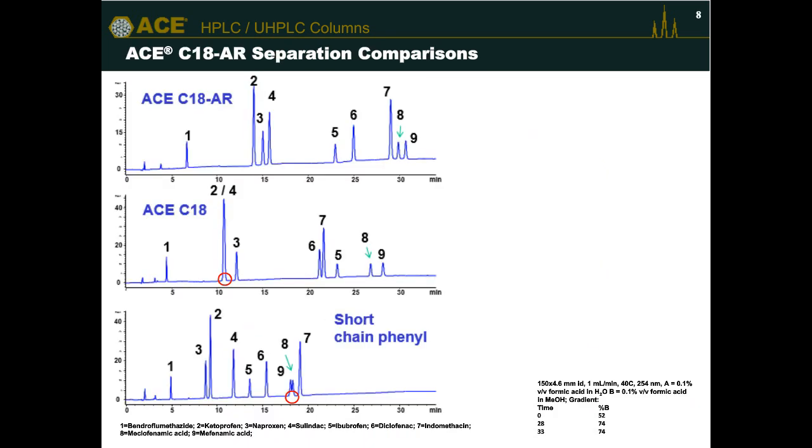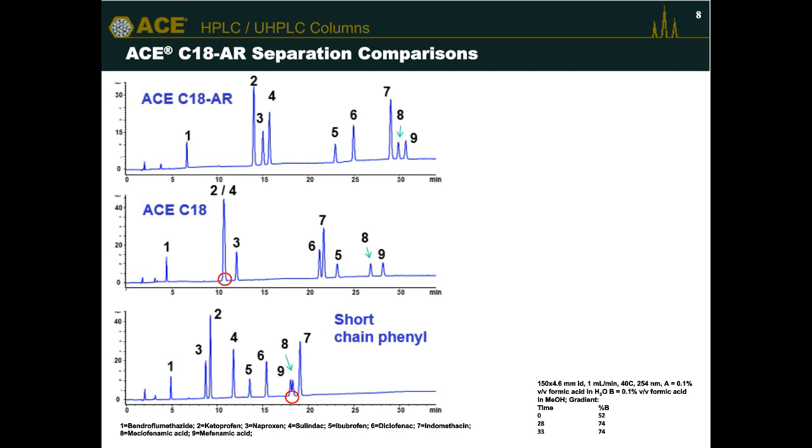As an example of what the chromatography looks like, of course, all of these material design perspectives are interesting, but how does this affect our chromatography? So on this slide, in the center chromatogram, we have the C18 as the benchmark. The bottom chromatogram, you see we have a short chain phenyl, different selectivity, quicker elution of the analytes as the hydrophobic interaction is much less.